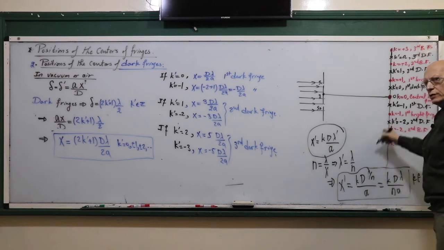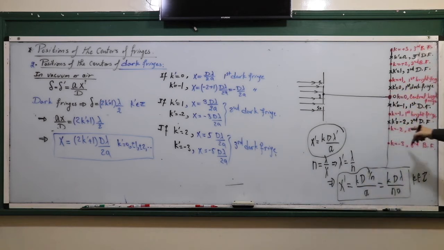Okay, I forgot to indicate it before, now I have indicated it, and you have here K prime equal minus 3, this is the third dark fringe.